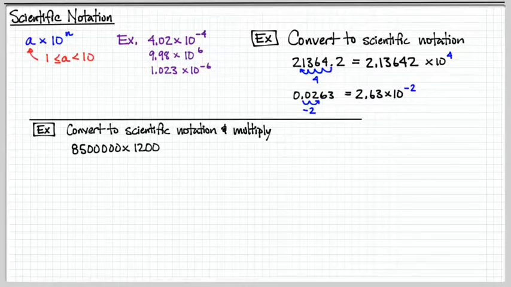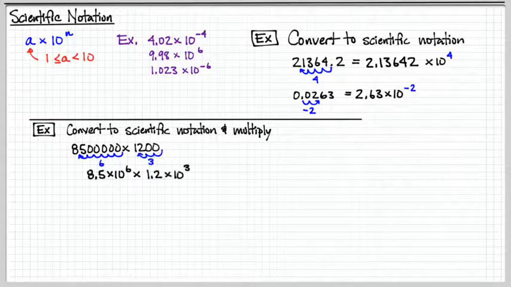Now let's see how we can combine this together when I multiply two numbers. Let's convert both of these into scientific notation first. Now I'm going to multiply my numbers together, 8.5 and 1.2, and I get 10.2.